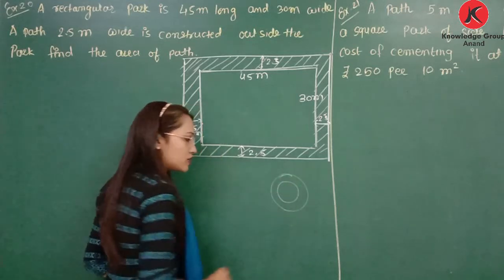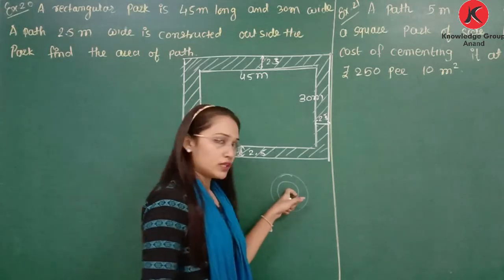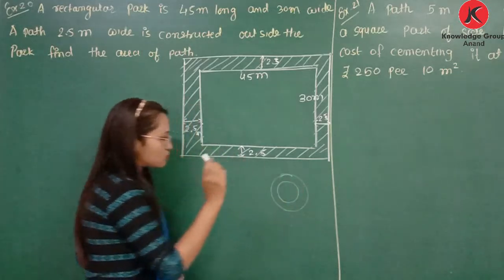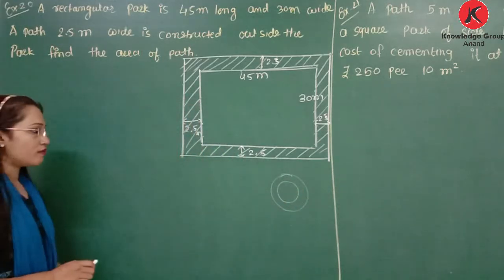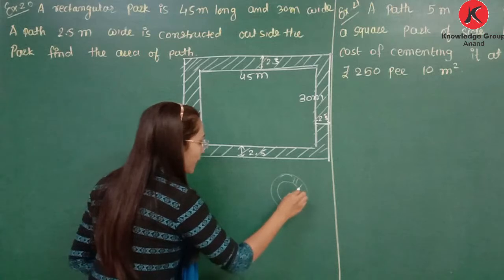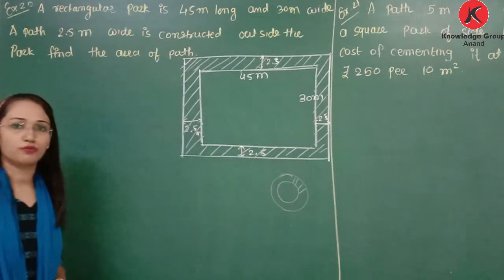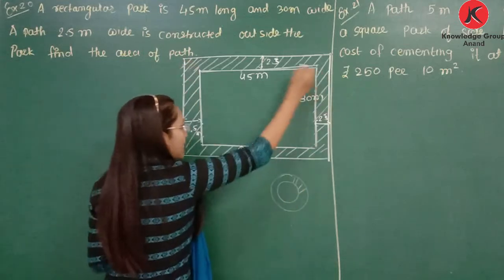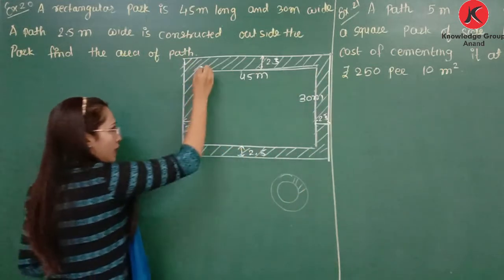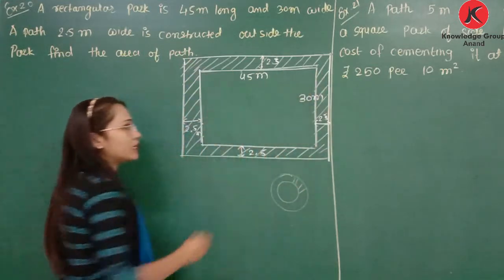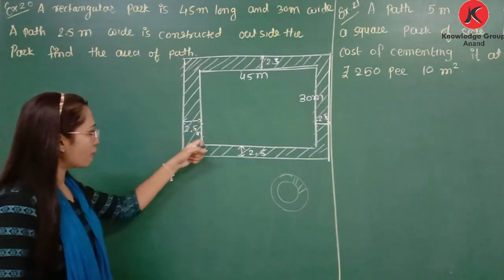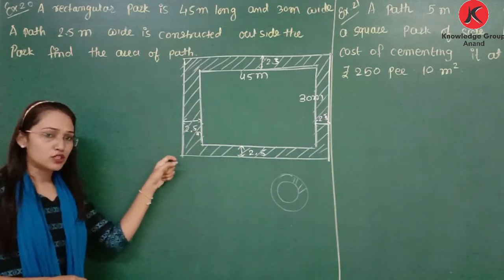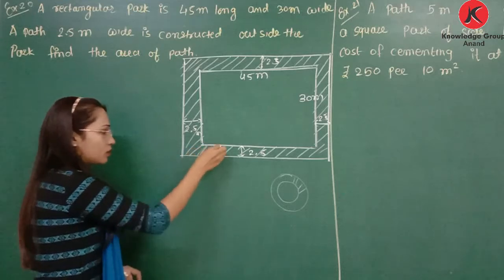We find the area of this outer circle, then area of inner circle, and after that we need to perform this subtraction. So we will get area of this part. So same we need to perform for this example. Find area of this larger rectangle, area of the smaller rectangle, and if you subtract area of the smaller one from larger one, then you get this area.